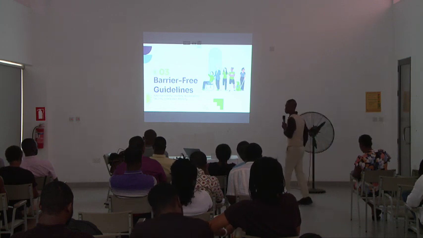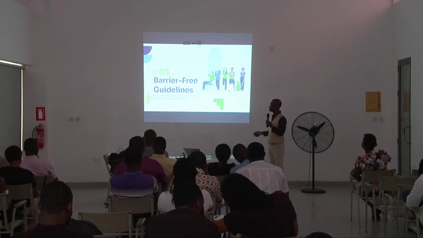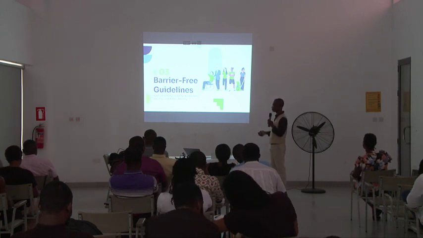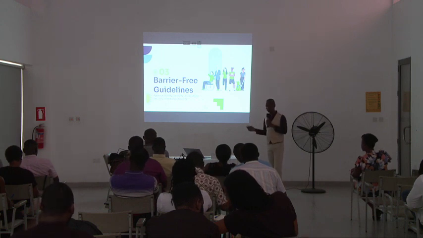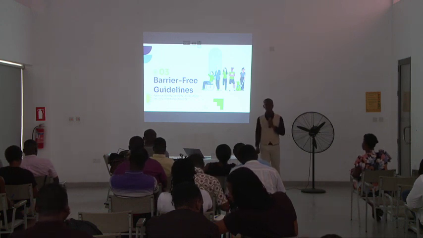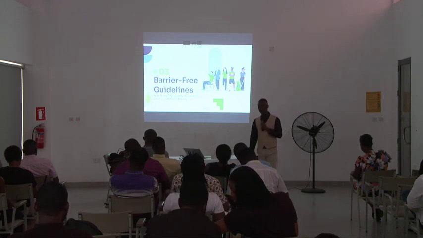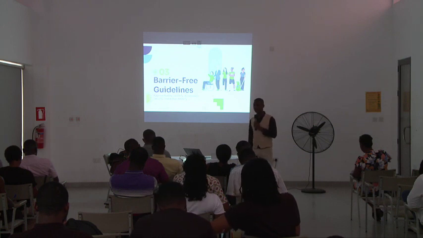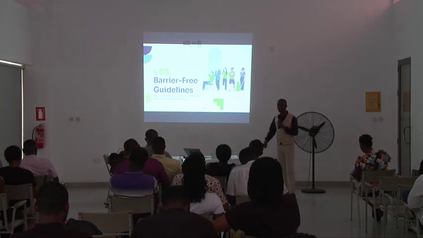This is one of the key things: you need to understand what approachability means, what usability means, accessibility, security, orientation, and mobility. These terminologies you need to understand, and this is where the solution comes. So you need to pay attention. For this one, please, I'm not asking you to memorize, but I'm asking you to try and understand it and imbibe it, and let it be part of you.